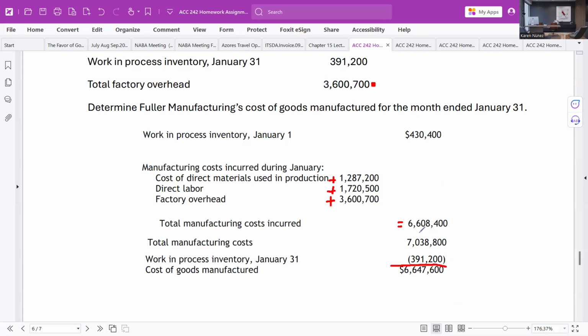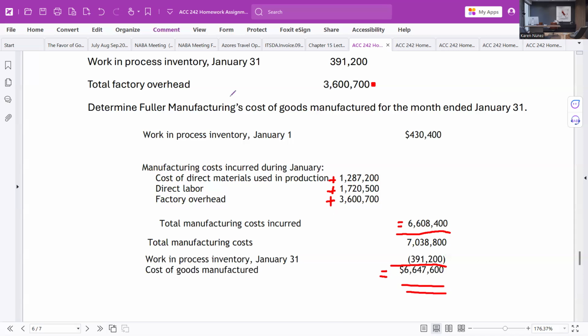This plus this gives us everything that's available, all those manufacturing costs. And then we just subtract the work in process at the end of the period, and that leaves us with the cost of goods manufactured, the cost of those goods that we've manufactured.